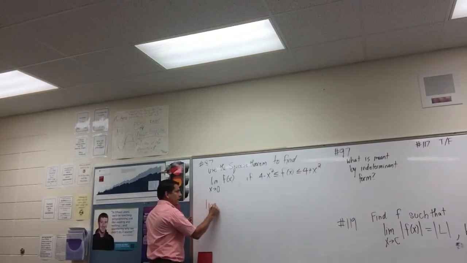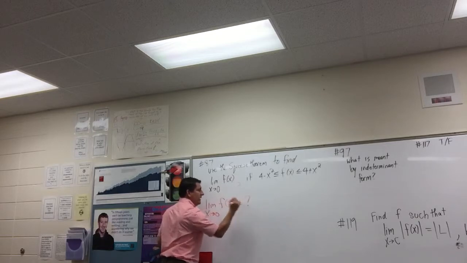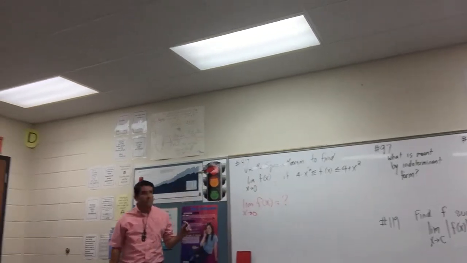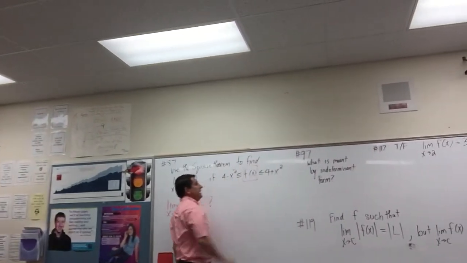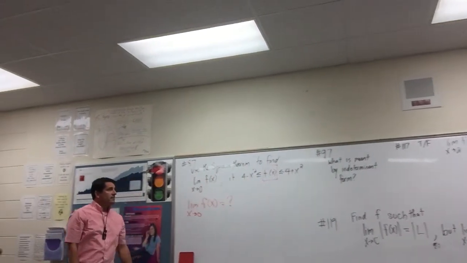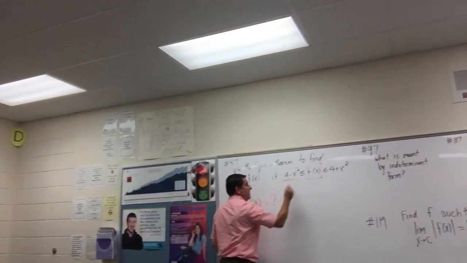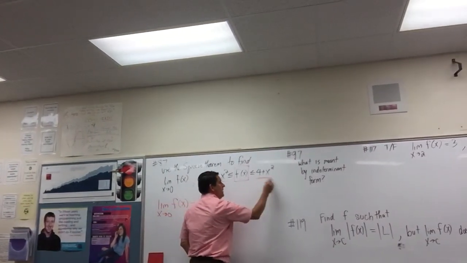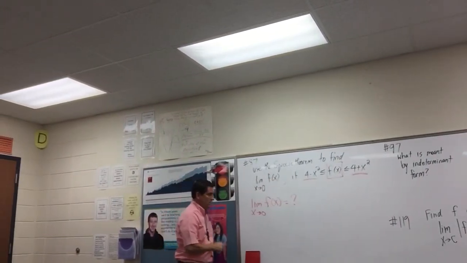What is the limit as x approaches 0 of f of x? That's what I want to know. What I do know is that f of x is greater than or equal to all the values of this and less than or equal to all the values of that. So it's in between.